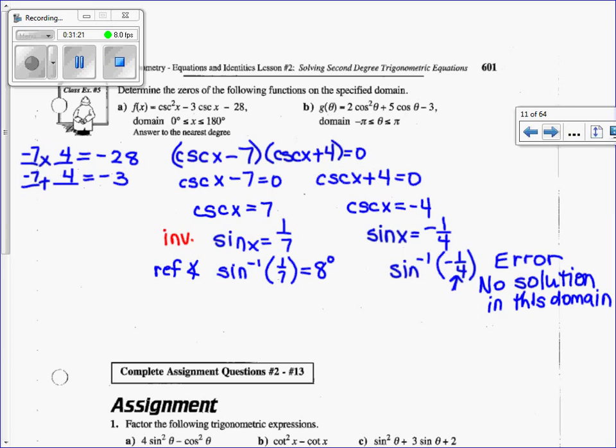Okay, so think about this though. If I have All Students Take Chemistry, where is sine positive? Well, sine will be positive in this quadrant and sine will be positive in this quadrant. Okay, I have my reference angle. I know that it's 8 degrees.